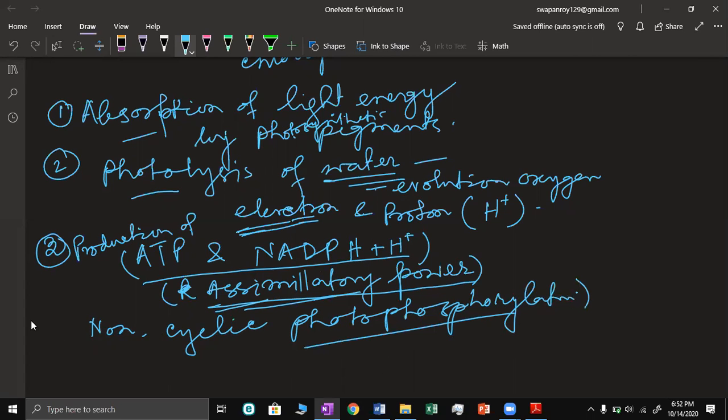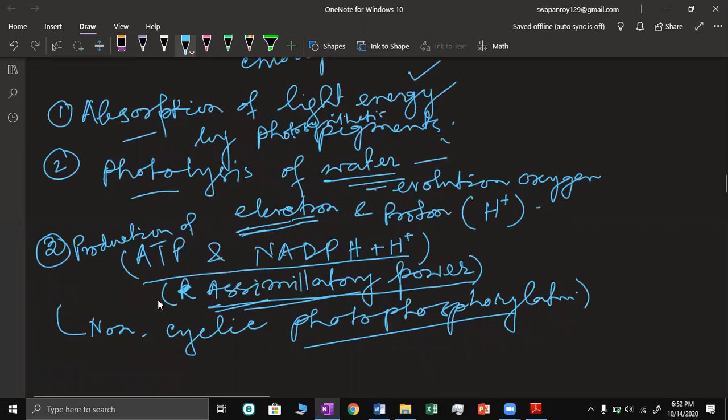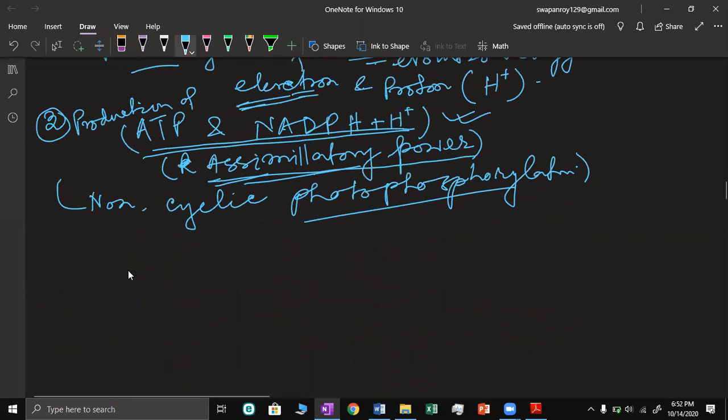So in the light reaction in brief, that is absorption of light energy, photolysis of water, and then the production of assimilatory power. This assimilatory power is utilized in the next phase of photosynthesis, what we call the dark reaction.